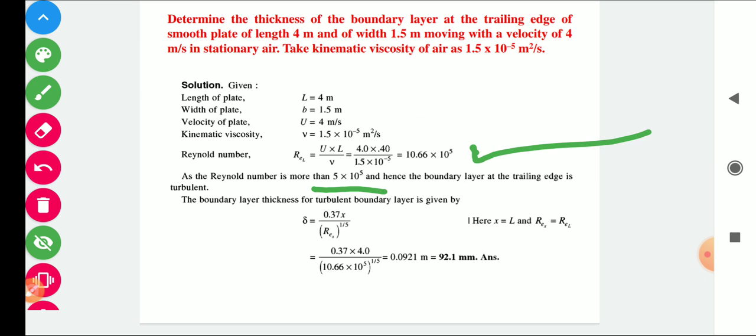So for turbulent flow, the equation for boundary layer thickness is this one. The x is the characteristic length, which is equal to the length of the plate, and R is the Reynolds number. If we put the value of x and Reynolds number in this equation, the final value of the thickness of the boundary layer is 92.1 mm.